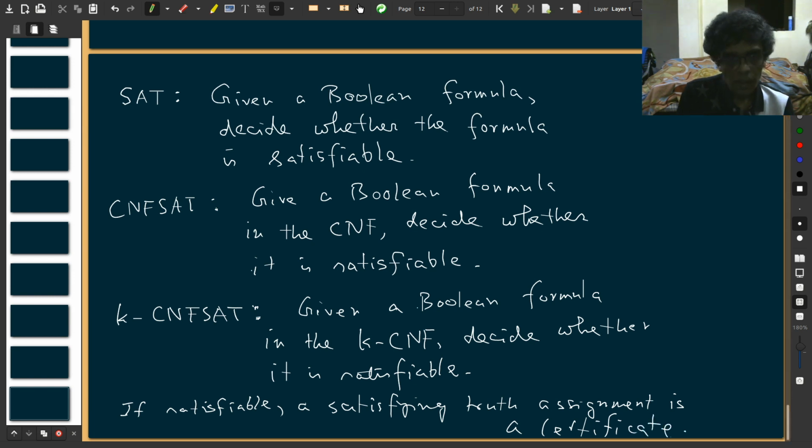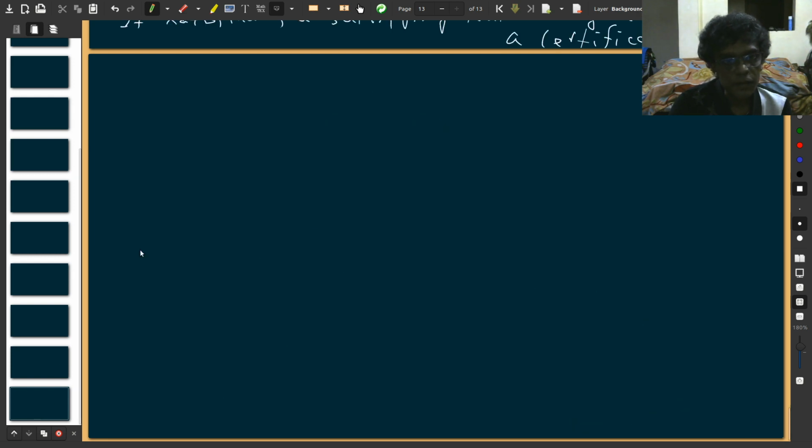Whereas, if the formula is not satisfiable, there is no such certificate. So clearly, each of these three problems, SAT, CNFSAT and KCNFSAT, is in NP, because they have succinct certificates.